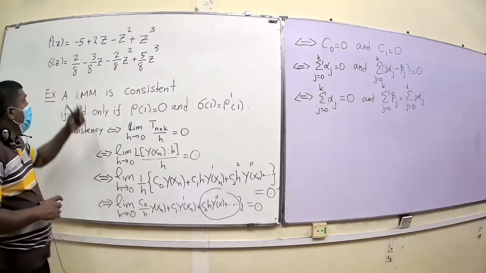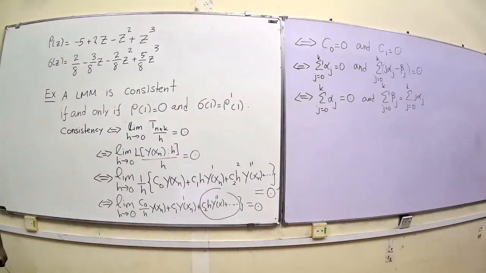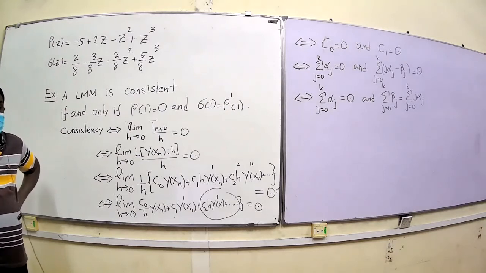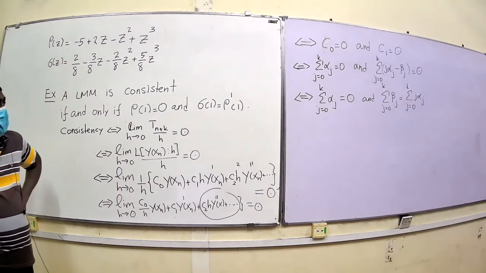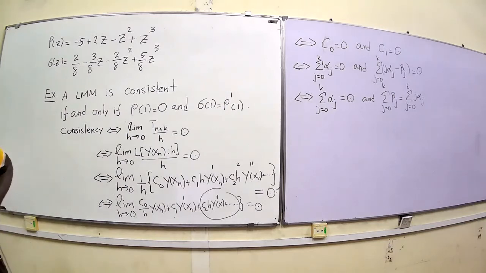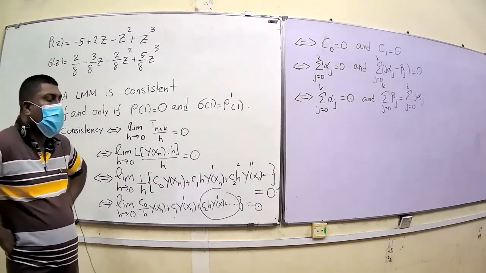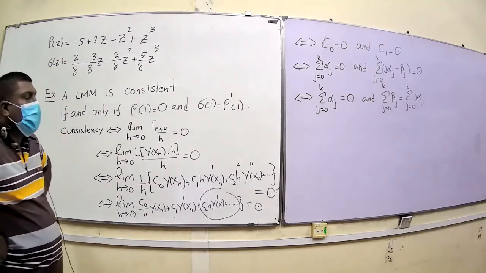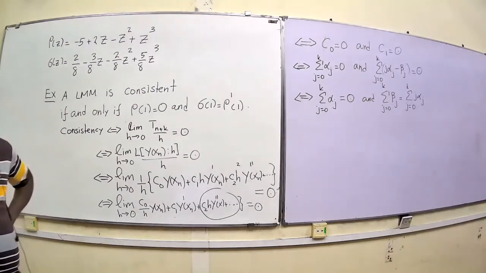But we already defined the first and second characteristic polynomials. If you put z equal to 1 in the first characteristic polynomial, you will get the summation of alpha j equal to 0. If you put z equal to 1 in the second characteristic polynomial, you will get the summation of beta j.